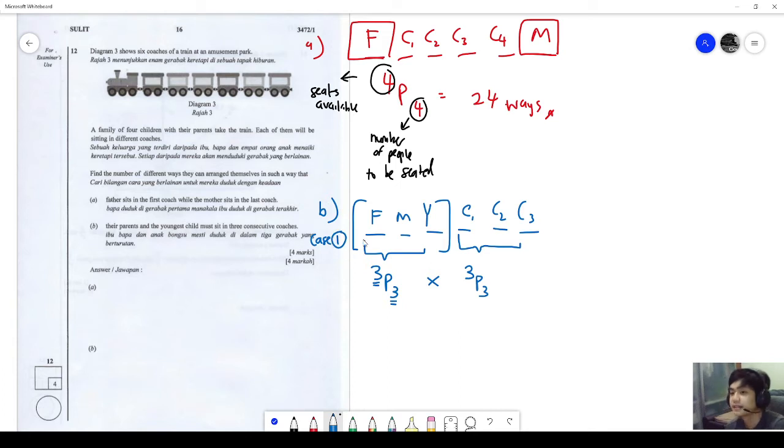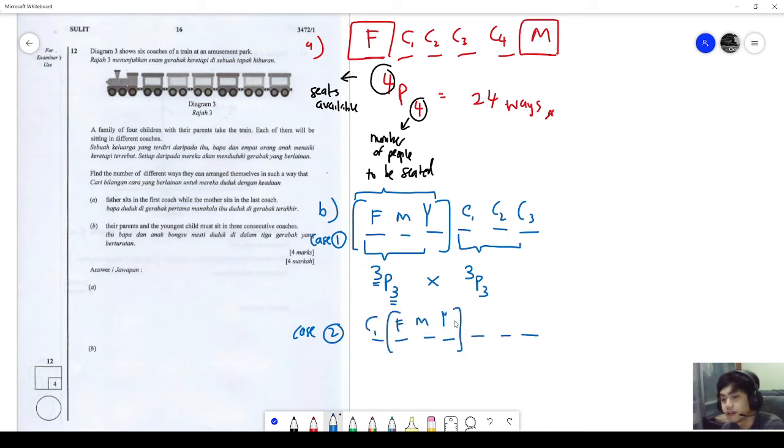There are multiple cases because the 3 that are locked here are not necessarily in the first 3. They can also be here. Again, this will be 3P3 for the father, mother, and the youngest child, and again 3P3 for the children that are outside.